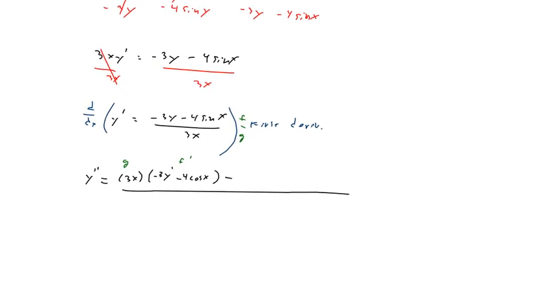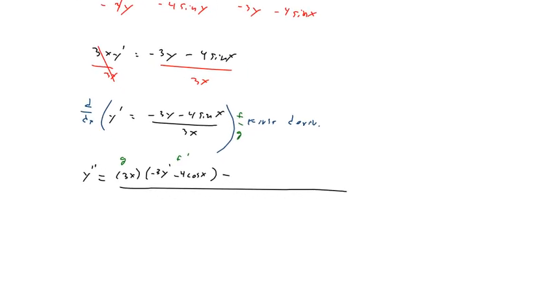So I keep the upper part the same. The upper part is negative 3y minus 4 sine x. That's high. D low, the derivative of the low part, the derivative of 3x is just 3, over 3x squared.